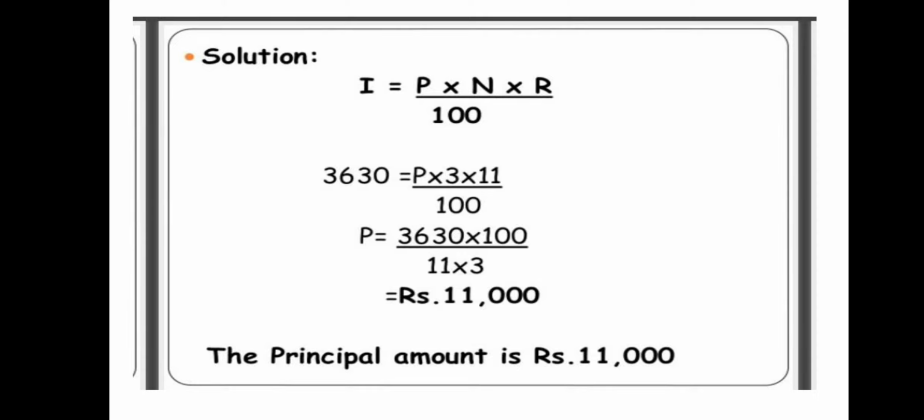But for finding P, we will move the other amounts to the other side as reciprocals, that is, we will take 3 times 11 over 100 to the other side and calculate the principal amount. So our principal amount will be 11,000, on which we paid the interest of 3,630. I hope this is clear also, how we can find our principal amount when it is not given.